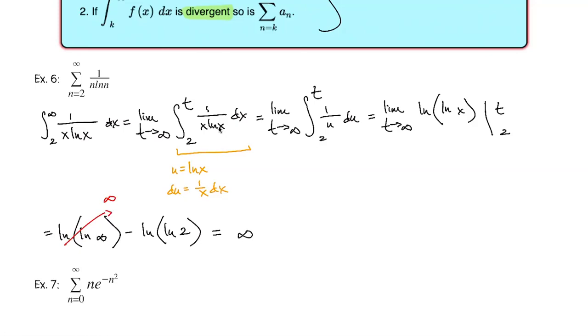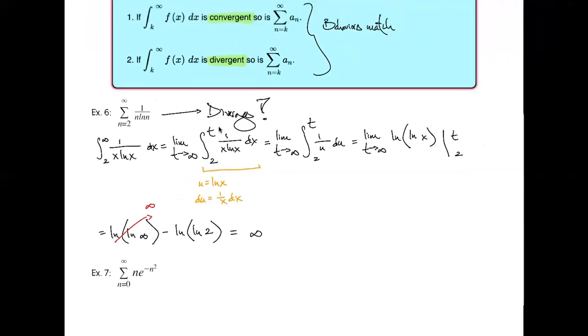And so since this improper integral diverges, we can say that this infinite series diverges as well. Okay, so whatever comes out at the end, that automatically gives you your answer for your infinite series.